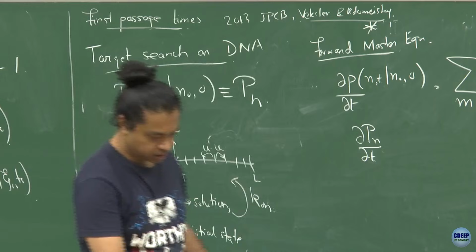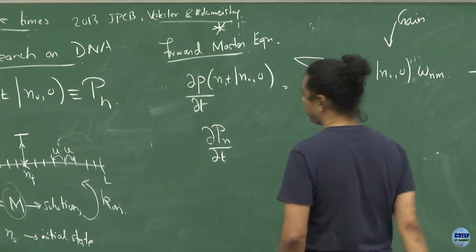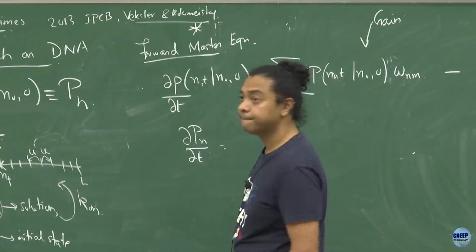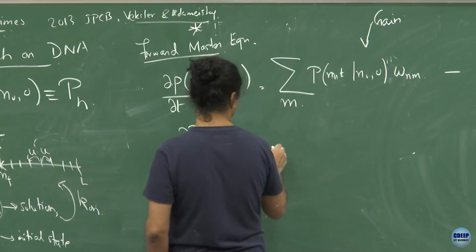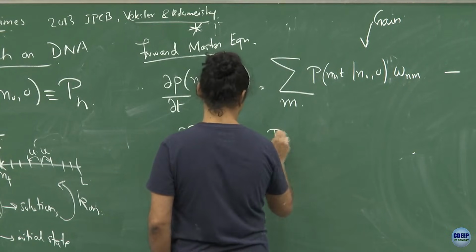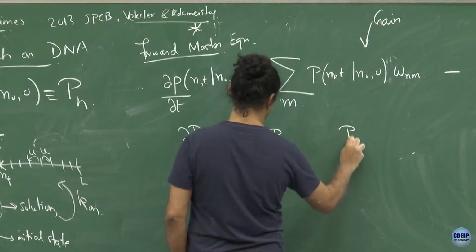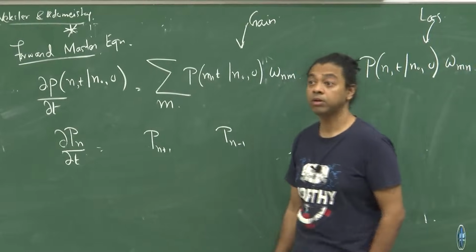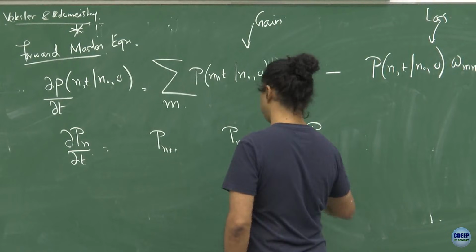For the forward, what sites could you have come from? n plus 1, n minus 1. So there will be a P n plus 1 over here, and a P n minus 1 over here. Anywhere else you could have come from? Capital M. So there will be a P M over here.